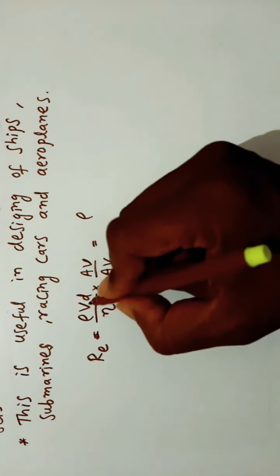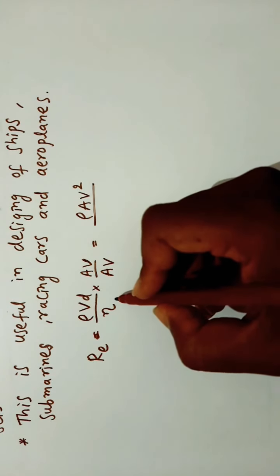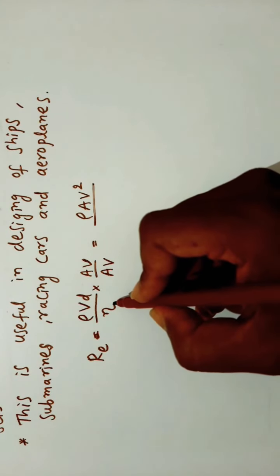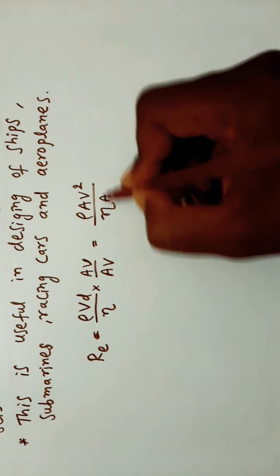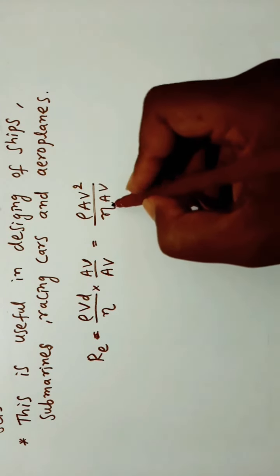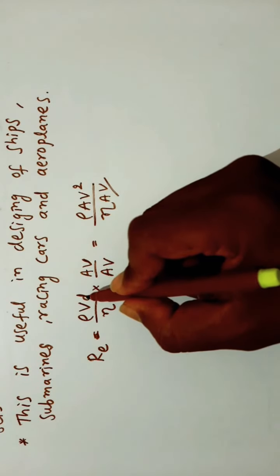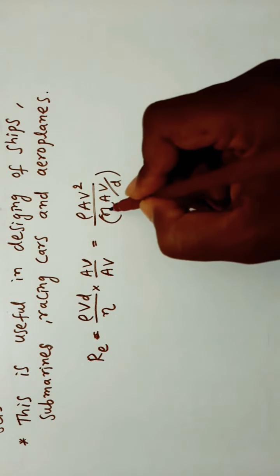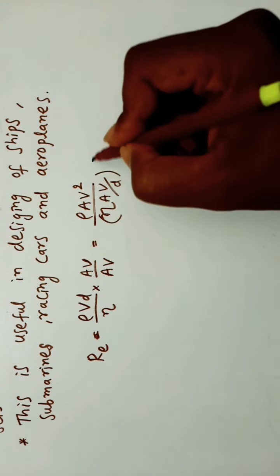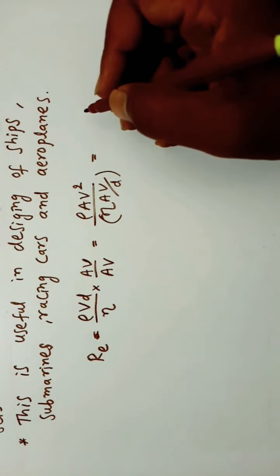So rho A V square by eta A V by, so here I am taking D, so eta A V D by D. So here rho A V square is inertial force.